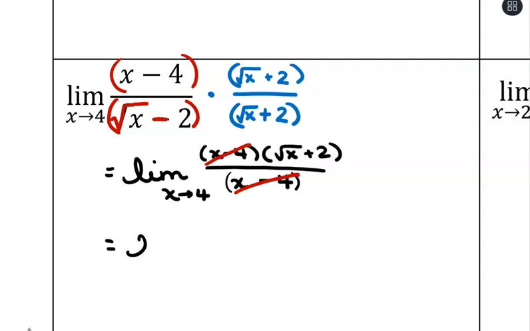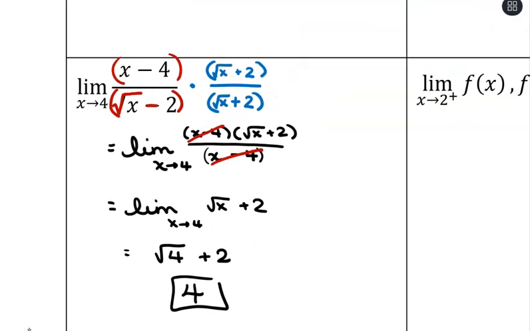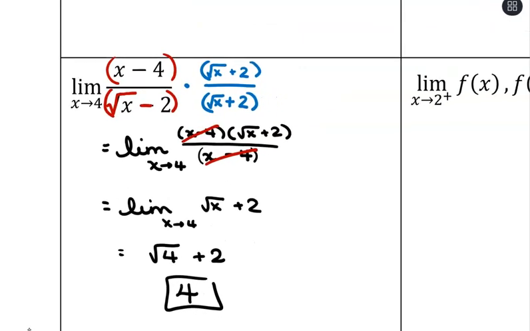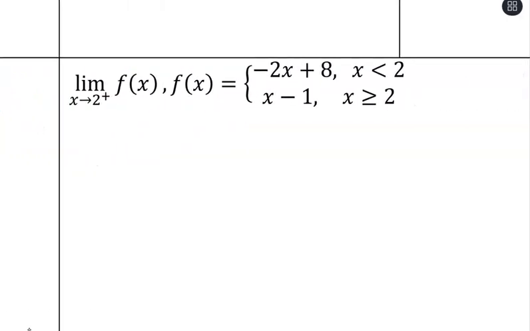So really we're just evaluating the limit as x approaches 4 of square root of x plus 2. So we'll have square root of 4 plus 2, which 2 plus 2 is 4. So this uses our multiplying of conjugates because we're working with radicals and need to simplify with radicals.